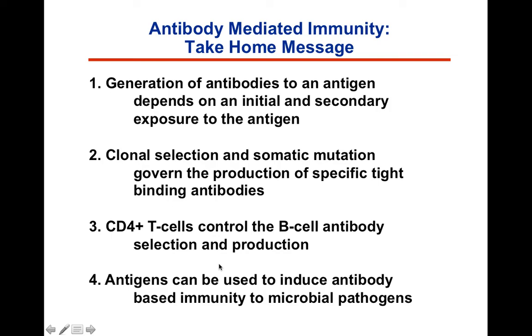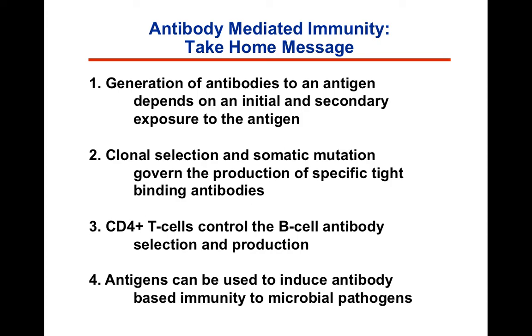So just to wrap up, a take-home message: generation of antibodies to an antigen depends on initial and secondary exposure to the antigen. That depends on clonal selection and somatic mutation governing the production and development of those antibodies.